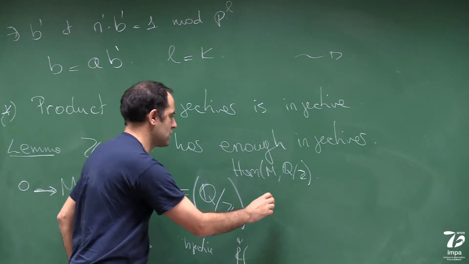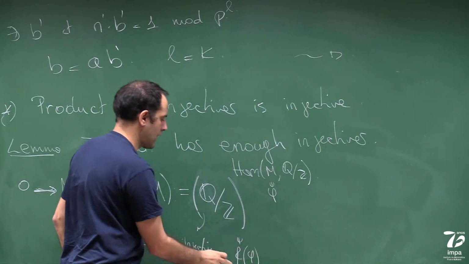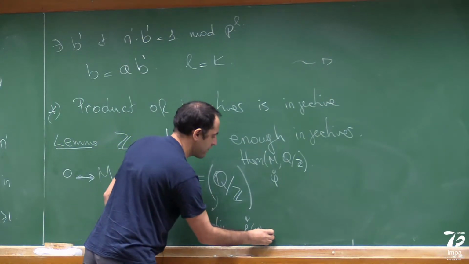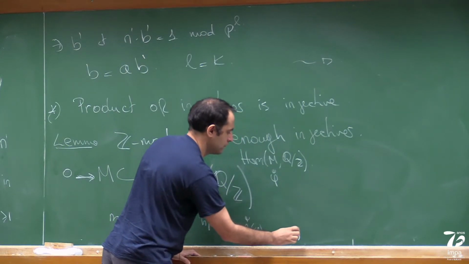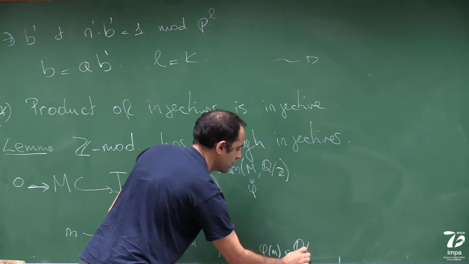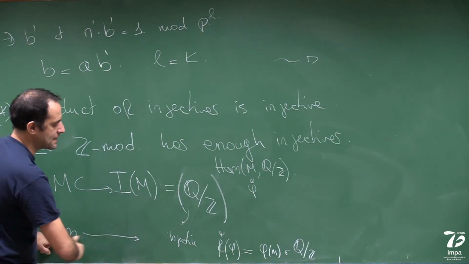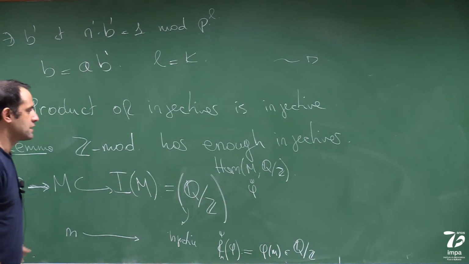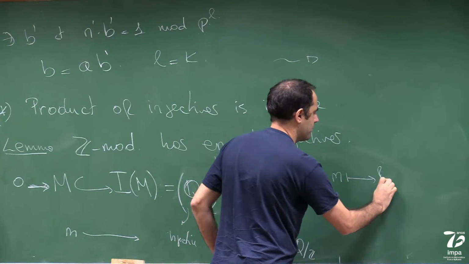So if you give me some phi here, I need to tell you what that Q mod Z is, and I'm going to define that to be phi applied to M, which is in Q mod Z. So this is a map that sends M to F_M, and this depends on M, of course. So the statement is that M maps to F_M injectively.